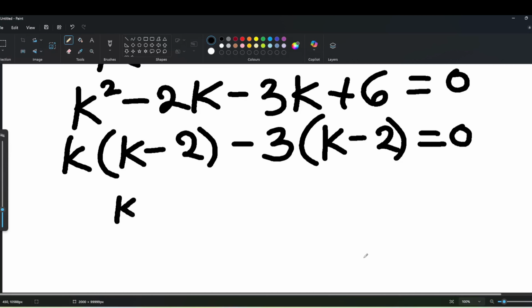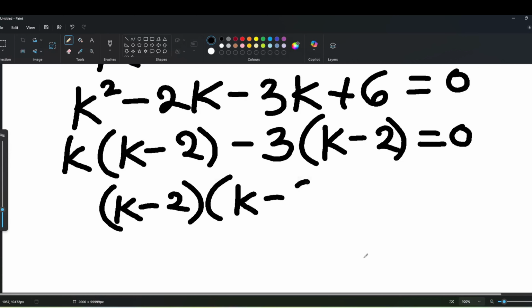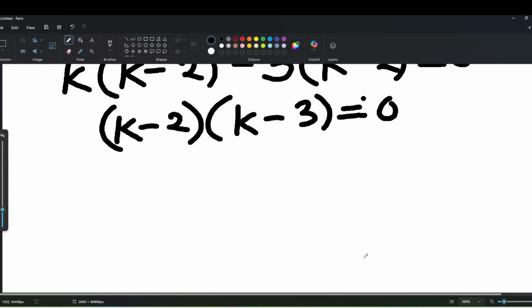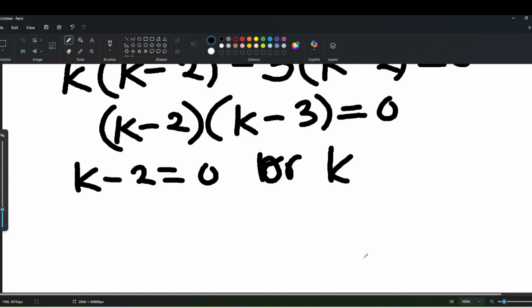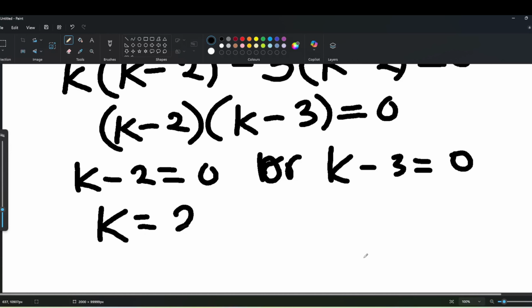Okay, so they are common, bring them out, and what is left, put in a bracket, k minus 3, equals 0. So at this point we know that k minus 2 equals 0, or k minus 3 equals 0. So k is equal to 2, or k is equal to 3.